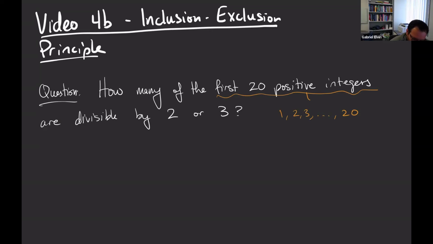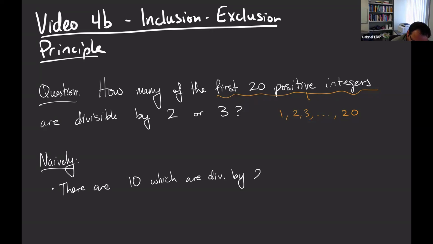Okay, so we could do this kind of naively and just say, well, how many are divisible by 2? There are 10 which are divisible by 2. So how do we get that?